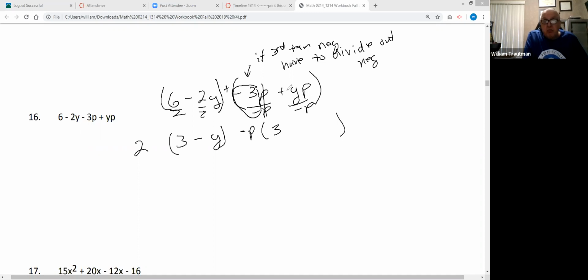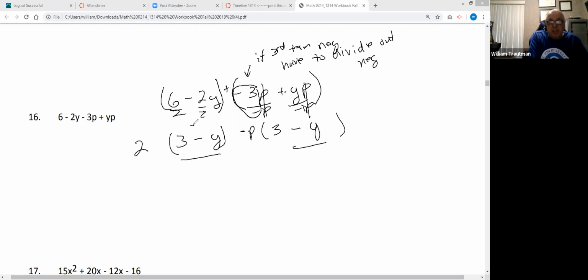A positive y divided by a -1, 1y divided by a -1, positive divided by a negative is a negative. The p's cancel and we're just left with the y. When you divide out a negative, the parentheses are identical again.